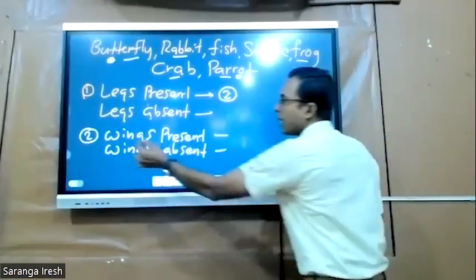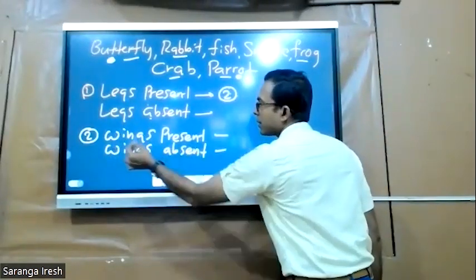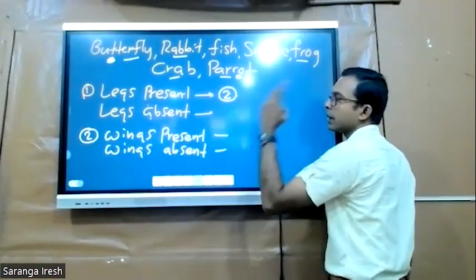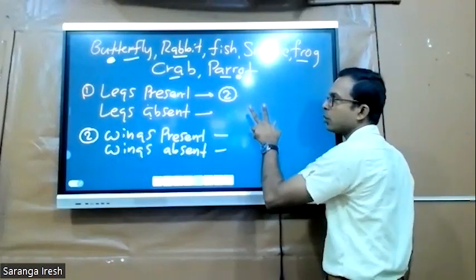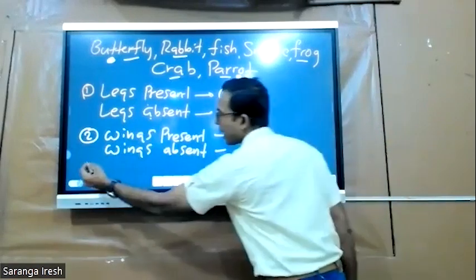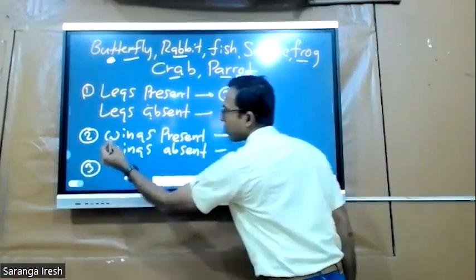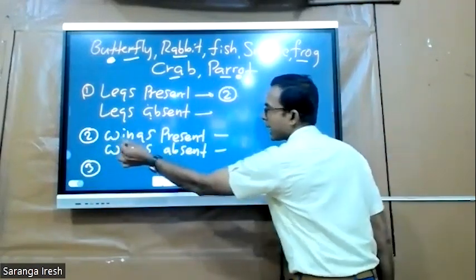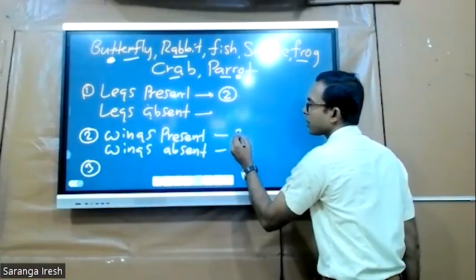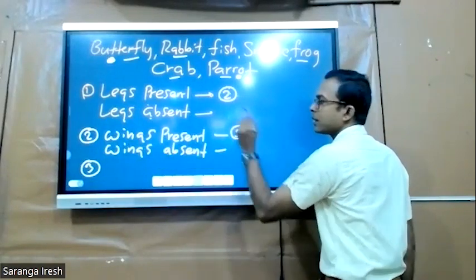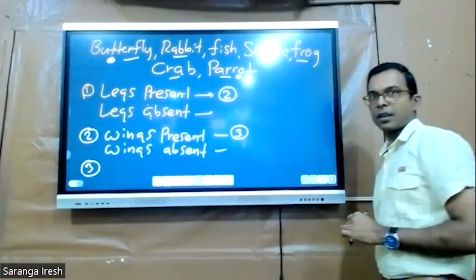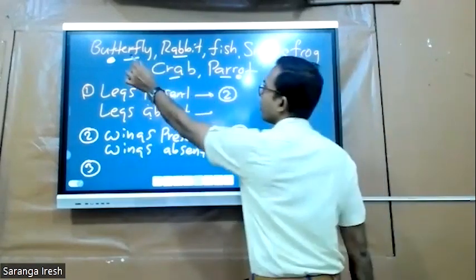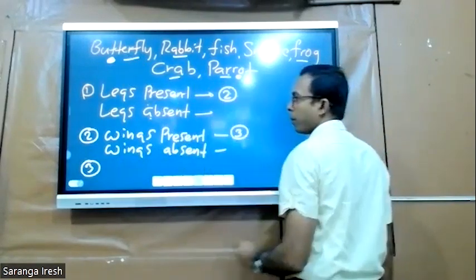So these 2 organisms will be classified under statement 3. Therefore, wings present organisms are classified under number 3. Who are the organisms? Butterfly and parrot.